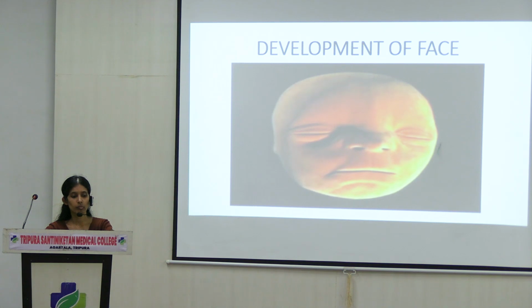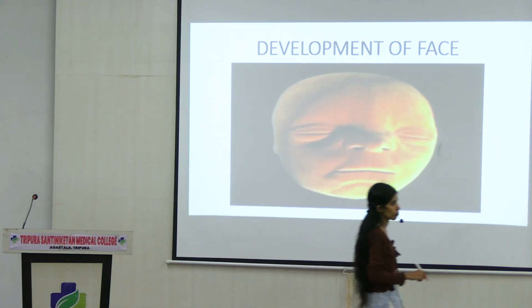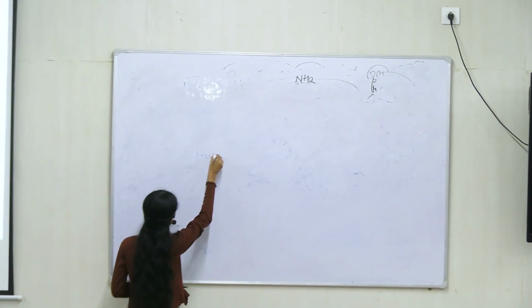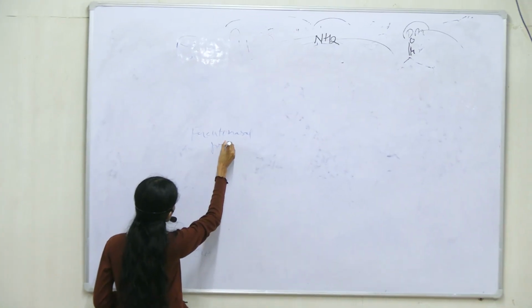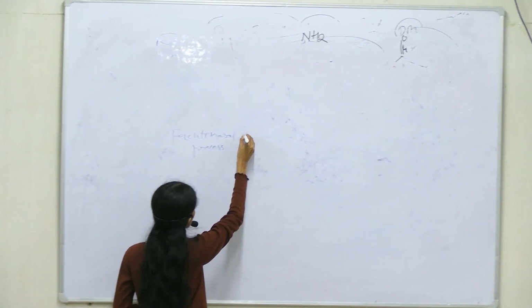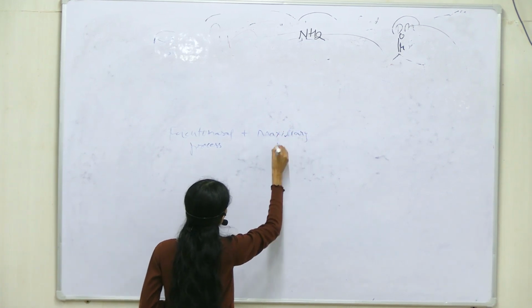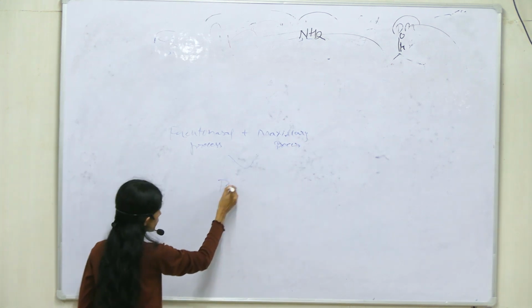Next, we will see the development of palate. Development of palate and development of face are interlinked. Okay. Your frontonasal process plus the maxillary process will give rise to your palate region.